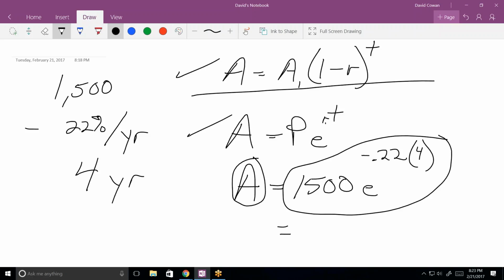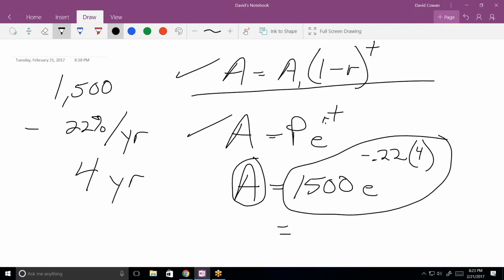And then raise it to the negative 0.88. Oh, I found it. Where's the E key? So you hit pi. And it should give you other options. Oh, you're right. It does. One of them's E. Okay, then use that key.